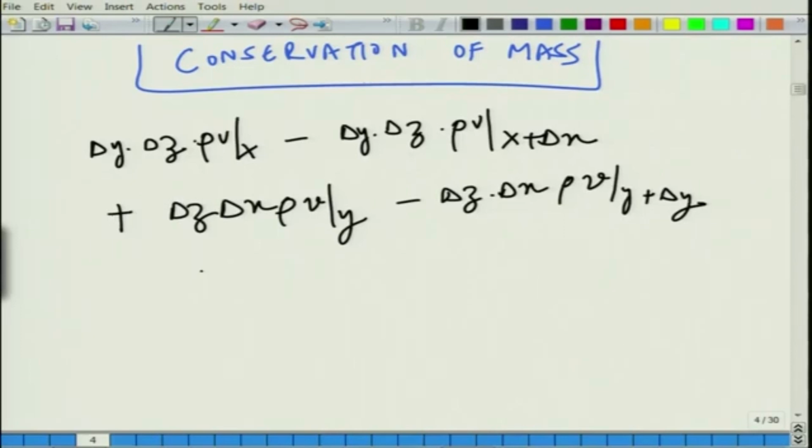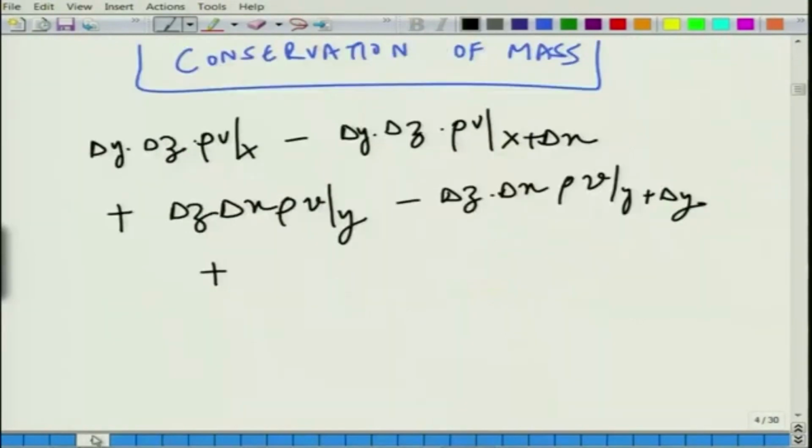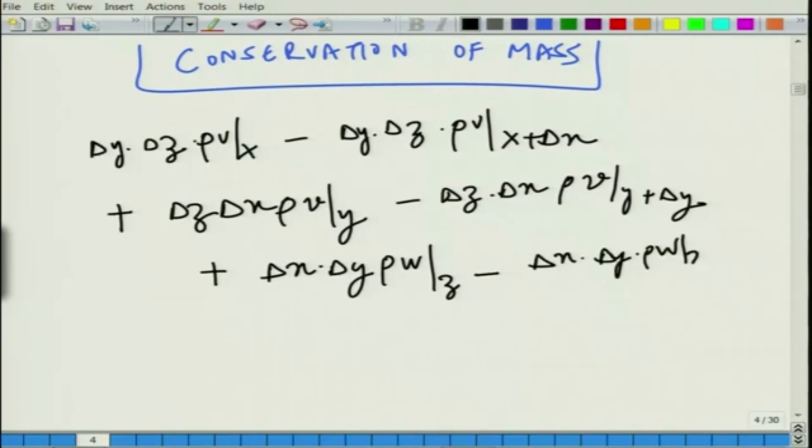Now, we have another thing, which is the mass that enters from the bottom and leaves from the top face. So, delta x into delta y, remember, because we are dealing with the mass flux with velocity along the z direction, delta z would not be there. We have other terms, delta x and delta y into rho w at z plus delta z. Okay. The difference of the fluxes, that is equal to.